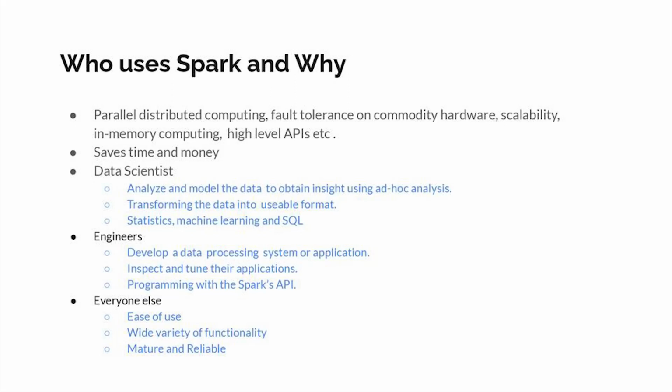Then, what are the reasons why Spark is so famous among different data science teams? You will see Apache Spark being used from data engineers to data scientists, and everybody has their own reasons to use it.